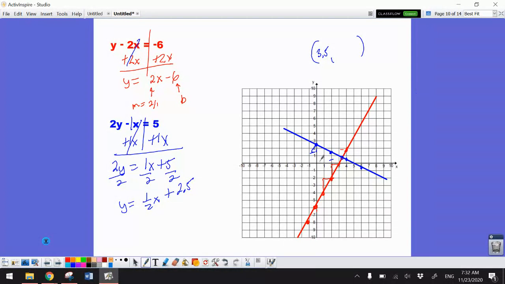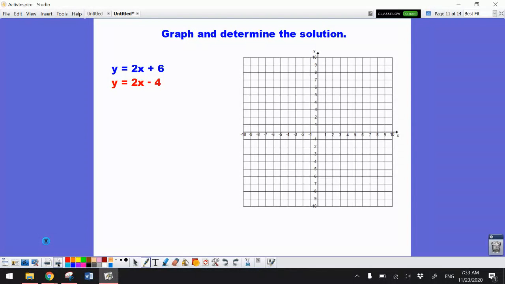Okay, so between 0 and 1, I'm a little bit closer to 1, maybe like right there. So I'm going to call that 0.7. Okay, and again, this one is definitely an estimate because I'm in the middle. As soon as I have an intercept of like a decimal, I know I'm going to be making just an estimate, a best guess to try to figure out what is closest to that intersection.